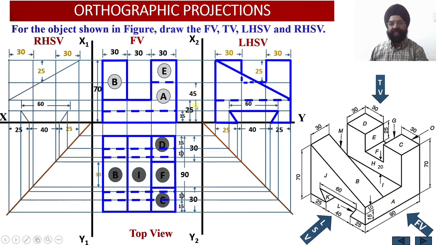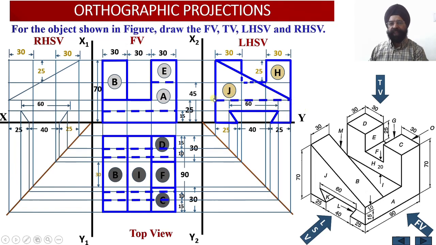So this wall will be observed as a dotted line in the left hand side view. This completes the projection of the left hand side view. This is the surface J, which is parallel to the profile plane. So the true shape of the surface J has been obtained.